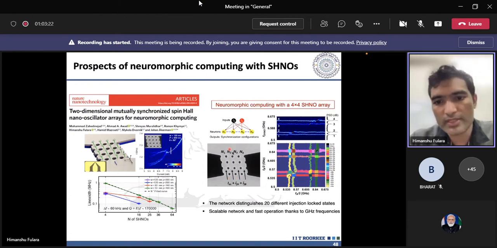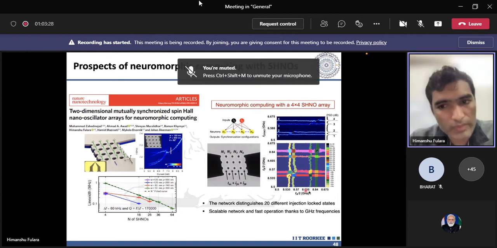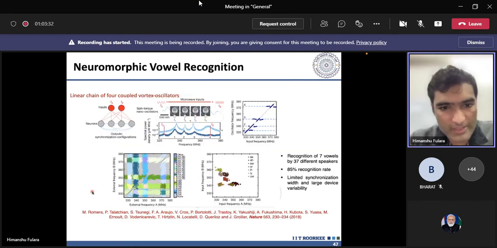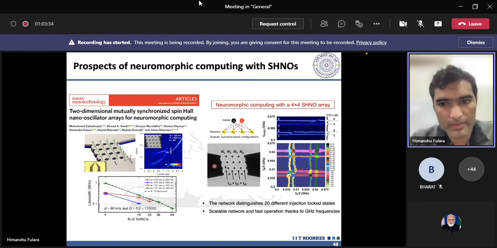So we tried to do the same things, and we obtained a similar color map here. Which means that we can also try to do this similar experiment with our oscillators, because we were able to obtain the similar color map which they have obtained.